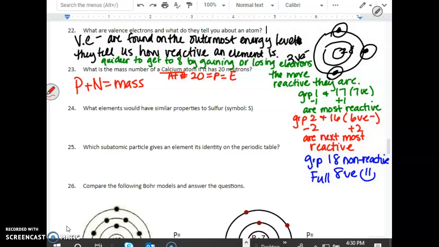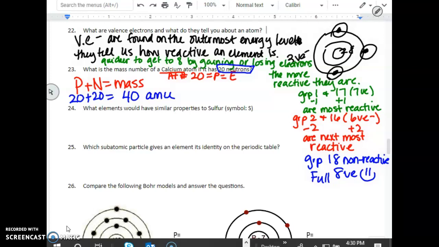So I'm going to put in 20 under protons. It tells me that I also have 20 neutrons right here. So 20 plus 20, my mass is now going to be 40, and the unit of measurement for the mass of an atom is AMU.